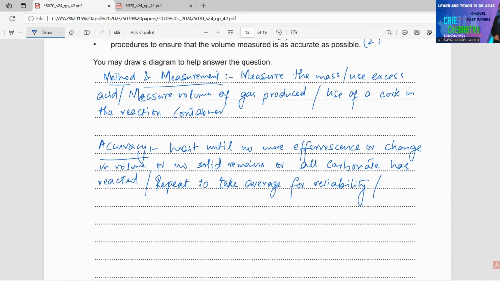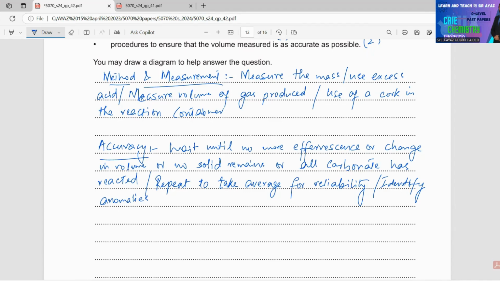You can even write identify anomalies. What are anomalies? An anomaly is an irregularity or indefinite trend. You have to identify this during the experiment.